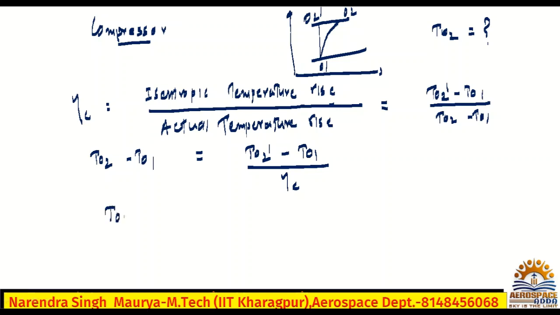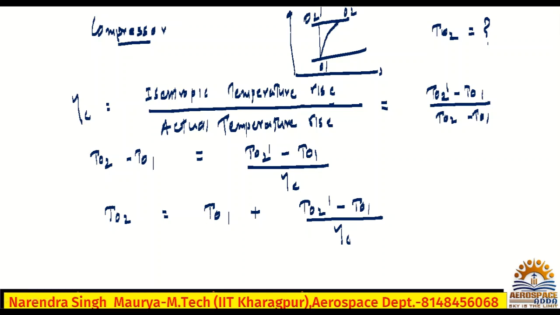What will be T02? T02 will be T01 plus T02 dash minus T01 divided by eta C. Our headache is T02 dash; we need to eliminate T02 dash anyhow. What is T02 dash? T02 dash is the isentropic temperature rise.